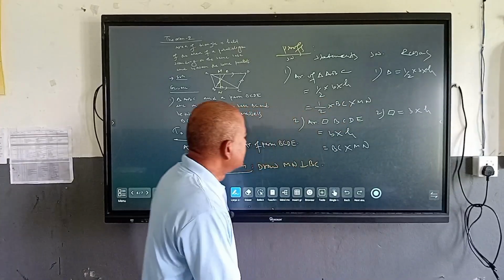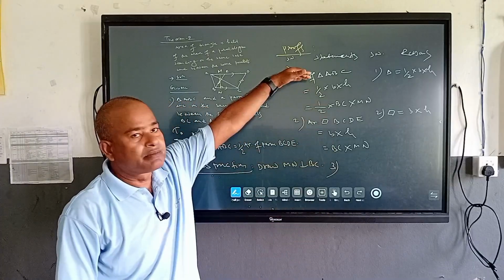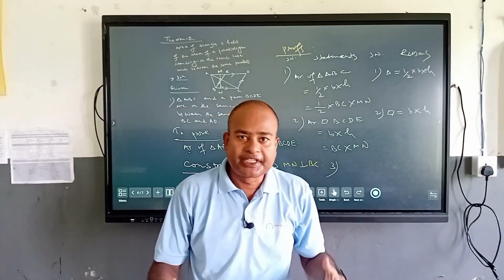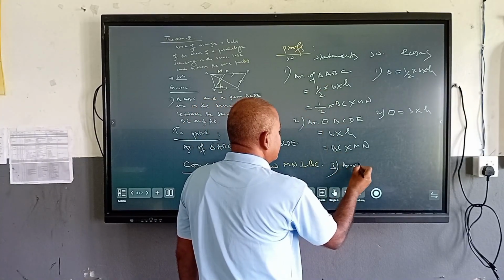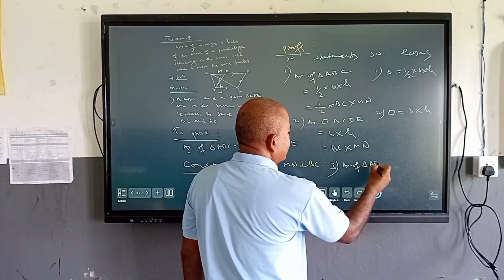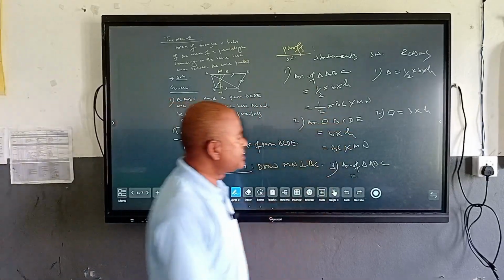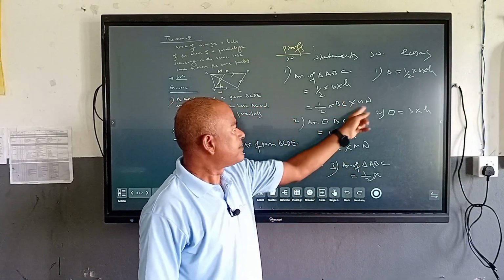The reason for statement 2 is area of parallelogram is equal to base times height. Now dear students, in statement 3, if we combine statement 1 and 2, then we'll get the proof of the theorem. From statement 1, we have area of triangle ABC equals 1/2 times BC times MN.